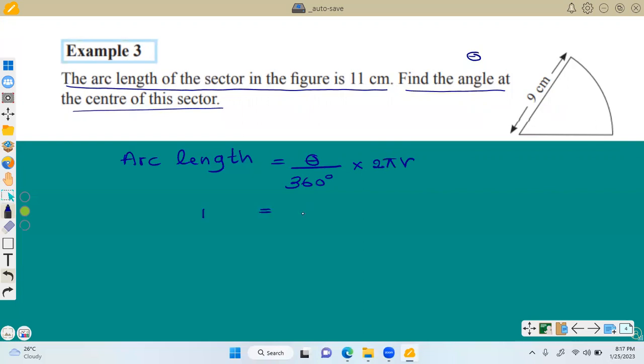Theta we don't know, so we write theta as it is. 360 multiply 2 into π is 22 upon 7 into r is 9 centimeters. Now in this case also you can see that there's a particular unknown term that we have to make alone on one side.